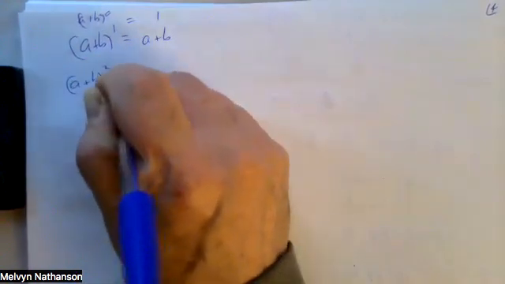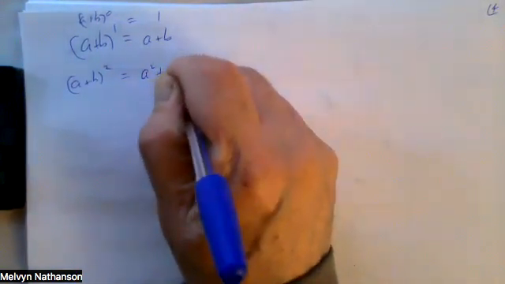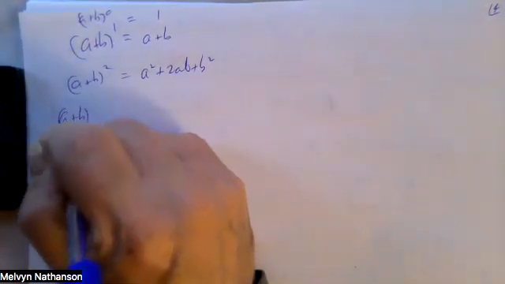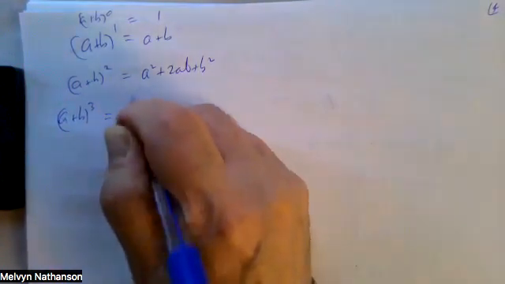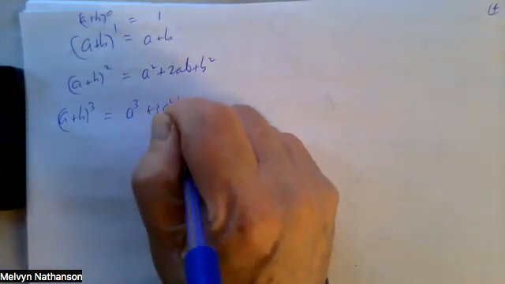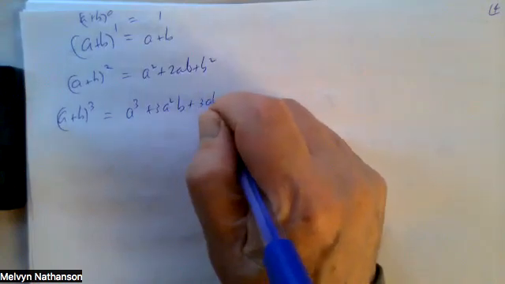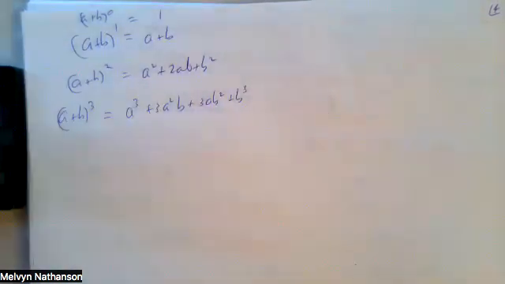A plus b squared is a squared plus 2ab plus b squared. We needed to use that. And a plus b cubed is a cubed plus 3a squared b plus 3ab squared plus b cubed. So we needed to know all of these expansions to solve the cubic.